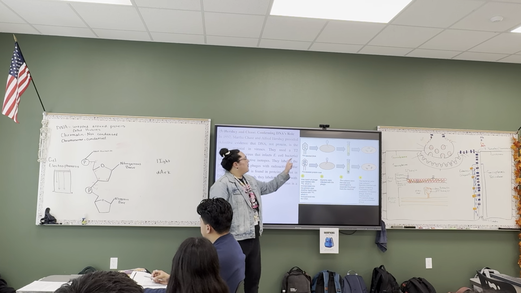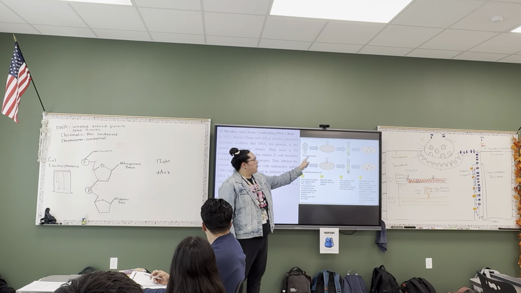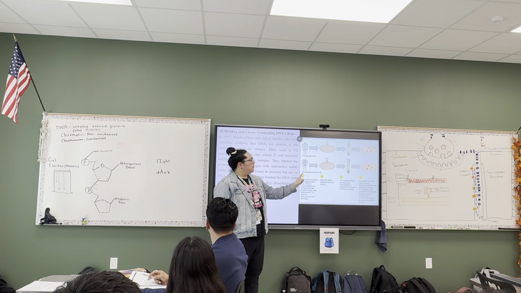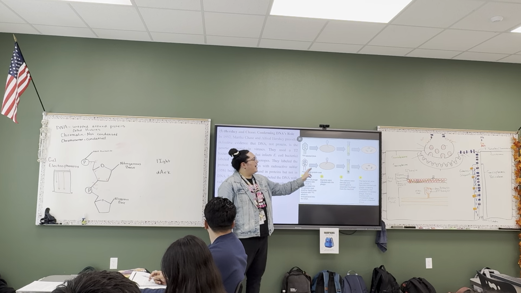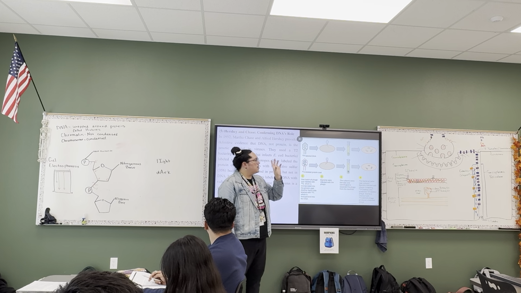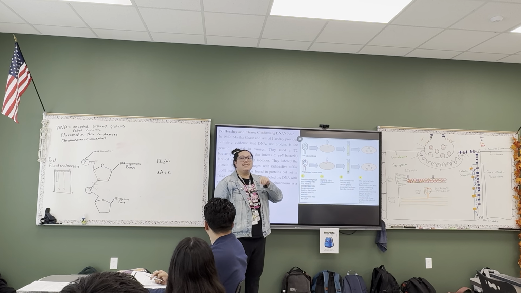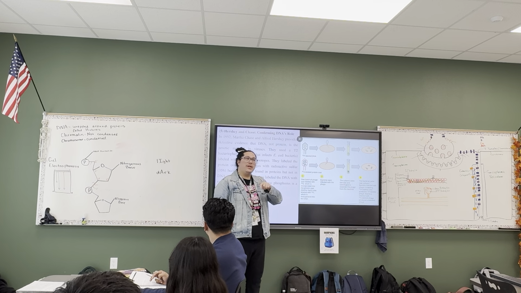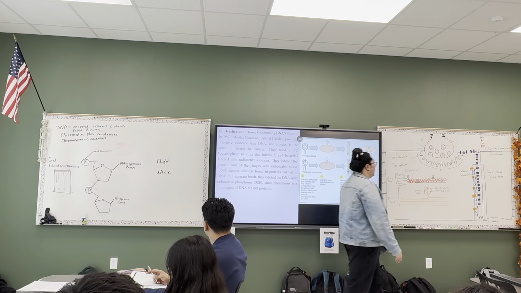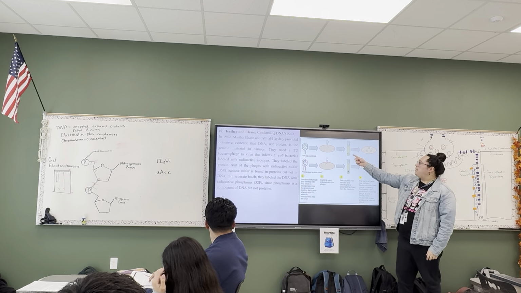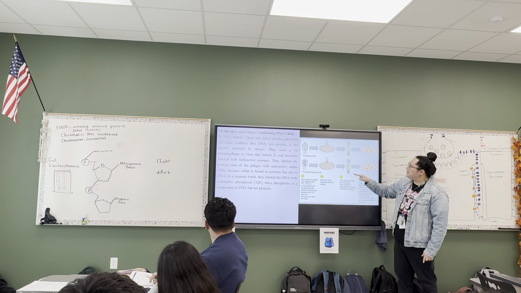But what did they do? They used radioactive phosphorus for DNA and radioactive sulfur for protein, and they were trying to see what was going where. Inside of the cell. So they only wanted to pay attention not to the fluid, but to the pellet.